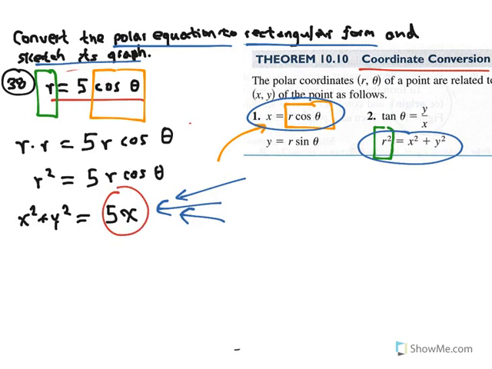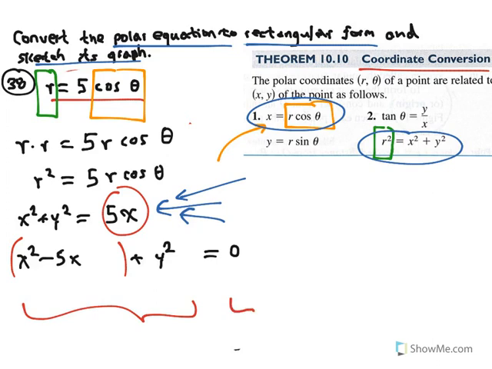We would like to begin by subtracting 5x from both sides of the equation. That would give us x squared minus 5x plus y squared is equal to 0. We'd like to complete the square here by adding a particular quantity to the left side of the equation, but to maintain equality, we'll have to add the same quantity to the right side.